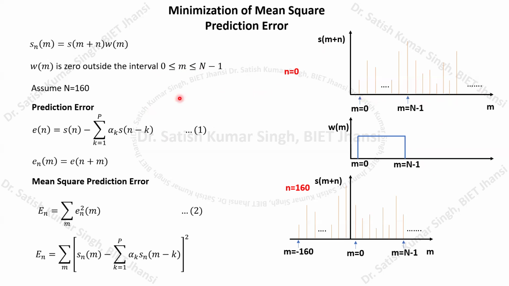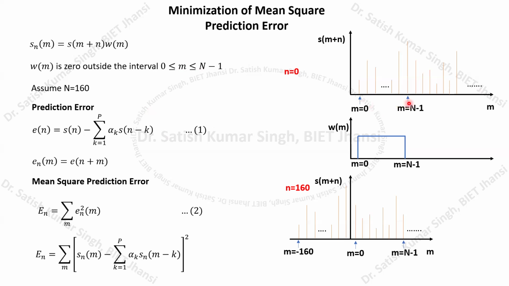For example, if we assume N equals 160, that is, the window size is 160 samples, then the index m will vary from 0 to 159, because we are considering the 0th sample as well. From 0 to 159 gives you 160 samples. This way only the first frame is considered, and we perform our analysis.